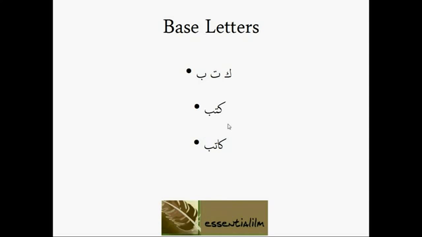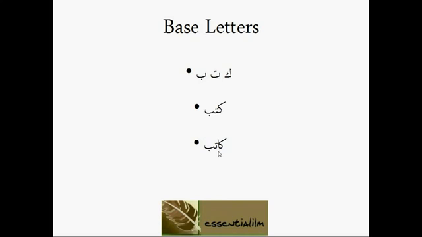If you take the same three base letters but you put an alif after it, it becomes katib, which means the one who writes. So basically both kataba and katib have the meaning to write, or something related to that, but because of the placement of the vowels and extra letters, that changes the meaning.